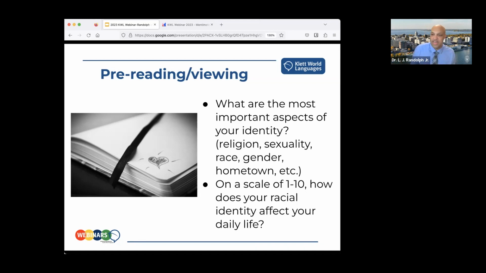So what are the most important aspects of your identity? It could be religion, sexuality, race, gender, your hometown, whatever. And then on a scale of 1 to 10, how does your racial identity affect your daily life? And again, all students need to know are numbers 1 through 10 in order to be able to do this activity. So it's a very low bar of entry in terms of language proficiency that's required.